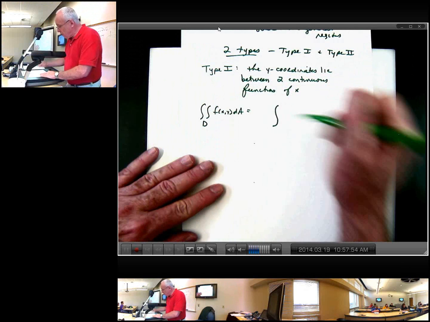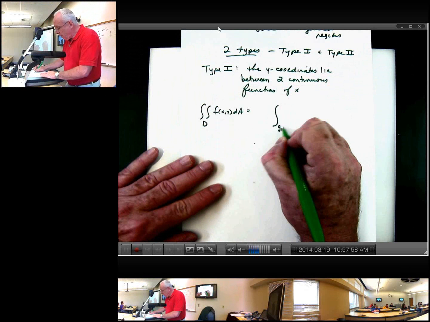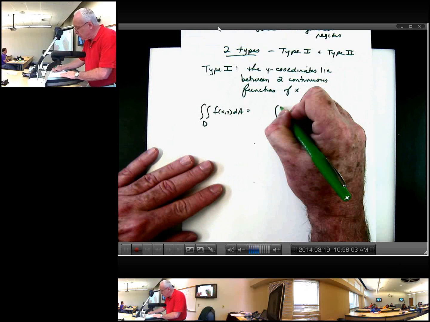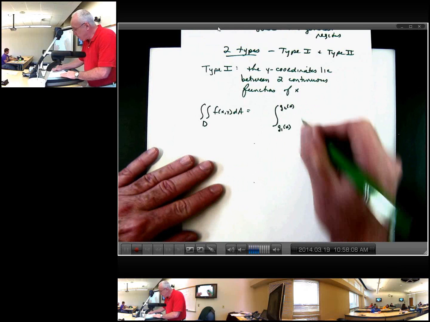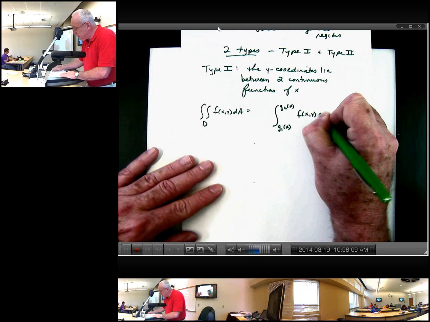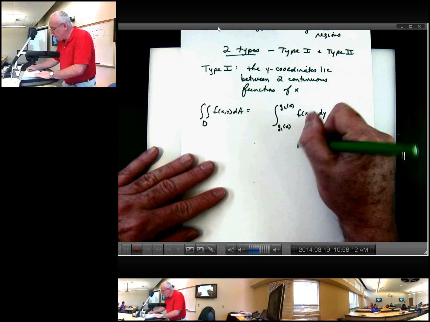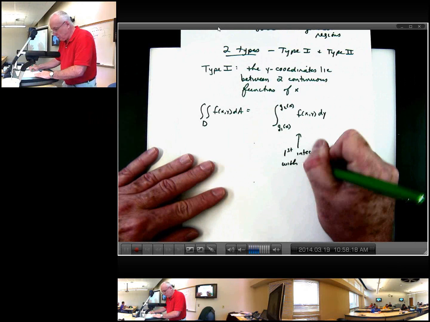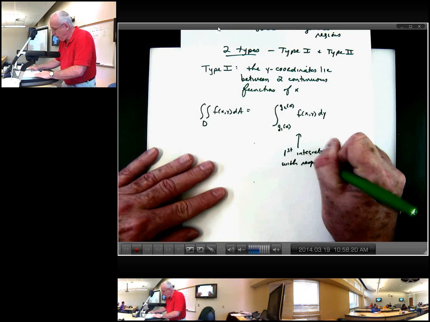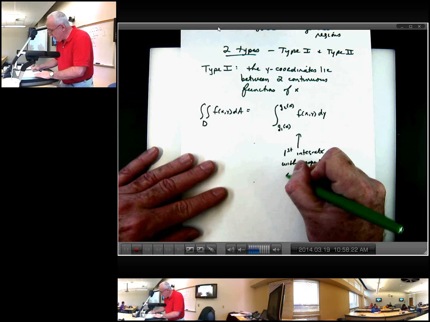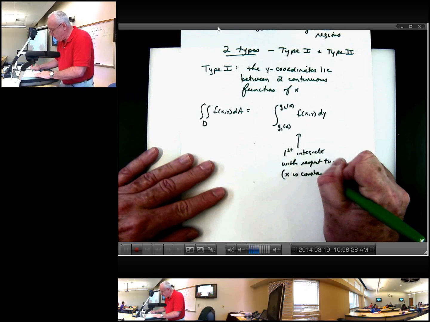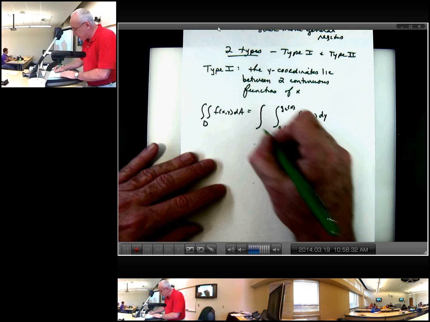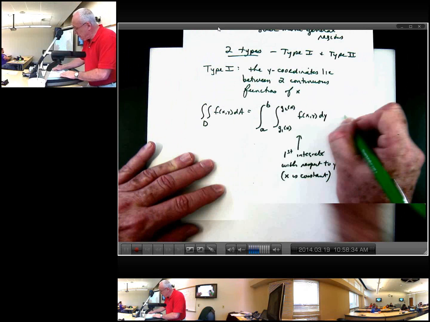So we're going to go from the lower x function to the larger x function of our f(x,y), and this is with respect to y. And of course, x is constant when we do that. And then we finish it off with our outer integral, which is x going from A to B dx.